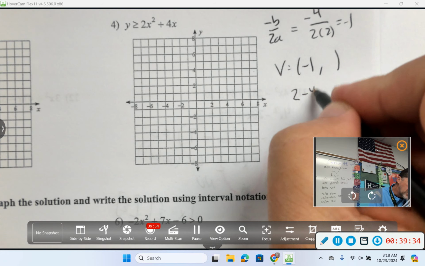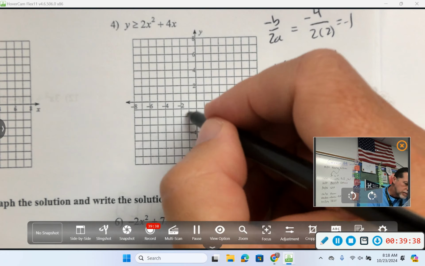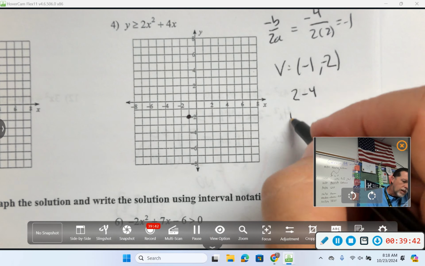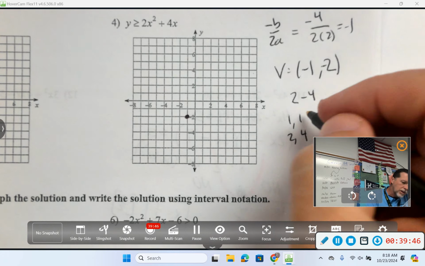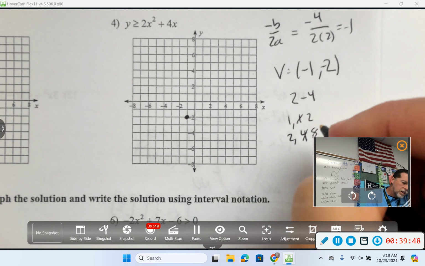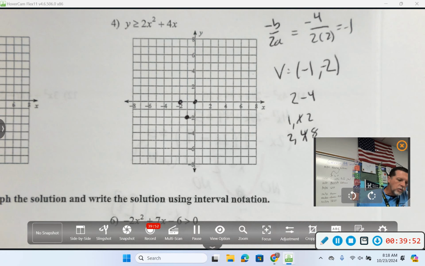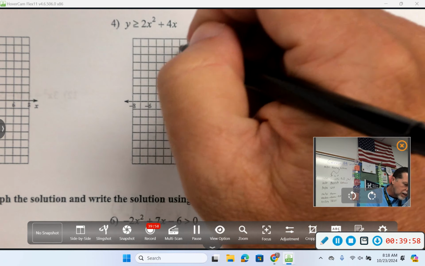So 2 minus 4 is negative 2. And then be careful, it's not 1, 1, 2, 4 because of that 2 on there. So 1, 2 on either side, and 2, 8 on either side.